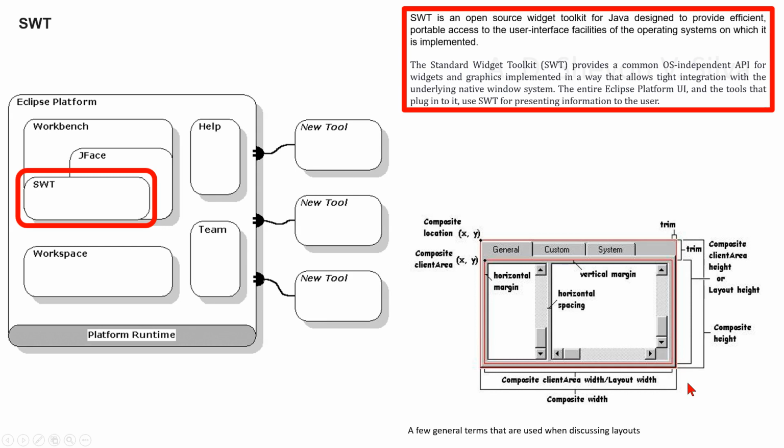In SWT, positioning and sizing does not happen automatically. Applications can decide to size and place a composite's children initially, or in a resize listener, or they can specify a layout class to position and size the children.